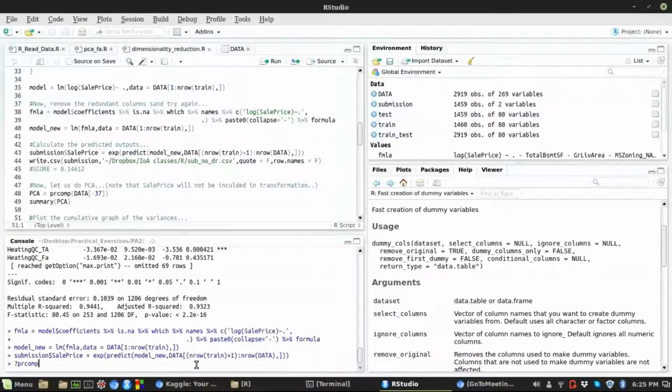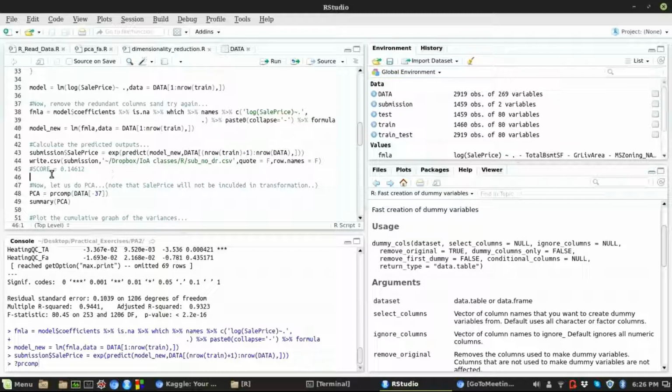It's not just root mean square error, but root mean square of the log of the error, which means that on average the predicted value is about 14% higher or lower than the actual value. And of course, the smaller the score, the better your model. But on average, it's 14% higher or lower. That is the interpretation of the score.